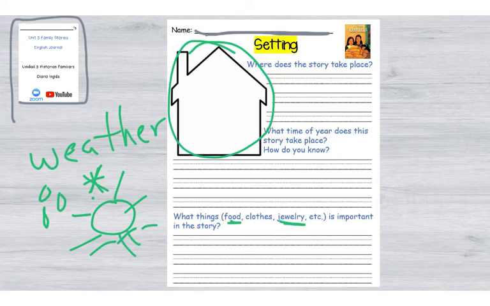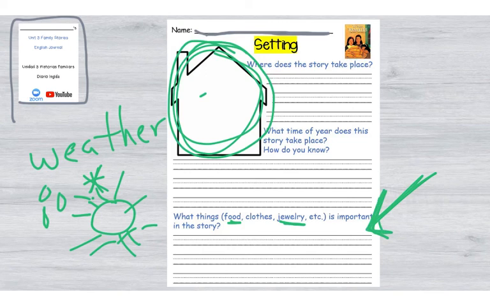That's one thing you're going to draw in the house. The second and third thing is you're going to draw the two things here that are most important. Okay? So you're going to draw a picture of the food and a picture of the jewelry. So that's what's going to go in the house.